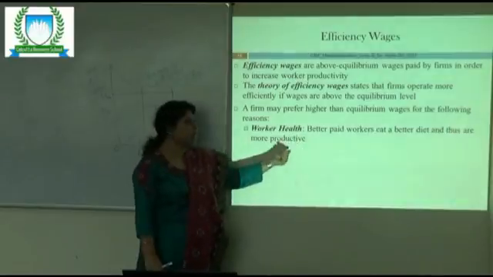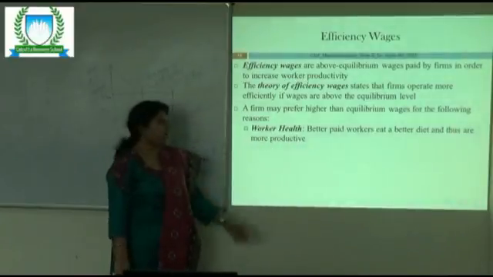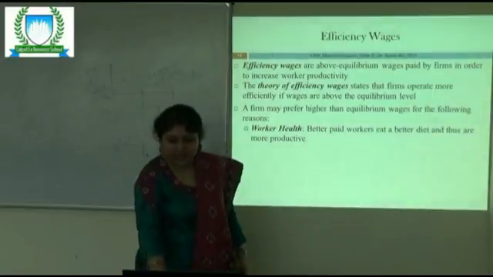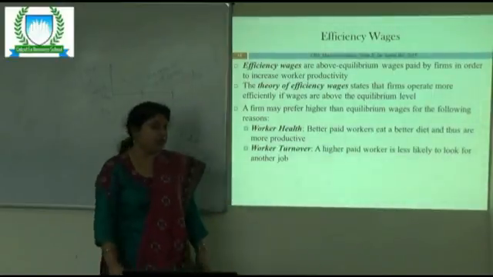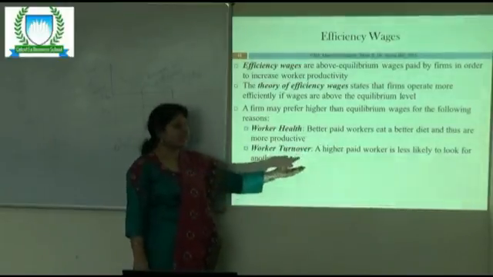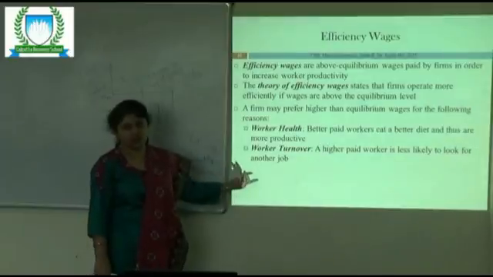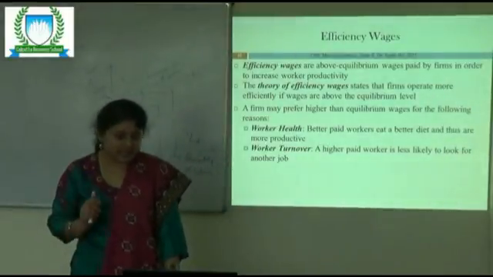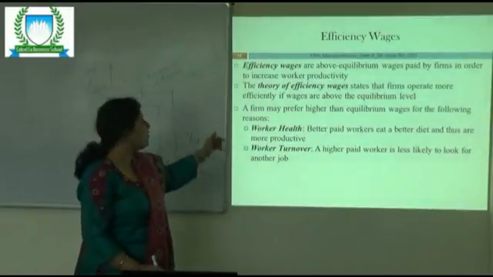It's obvious that better paid workers eat a better diet, and if they eat a better diet, then they become more productive, isn't it? The second reason is worker turnover. A higher paid worker is obviously less likely to look for another job, isn't it? So for this reason, the employer wants to give more wages.